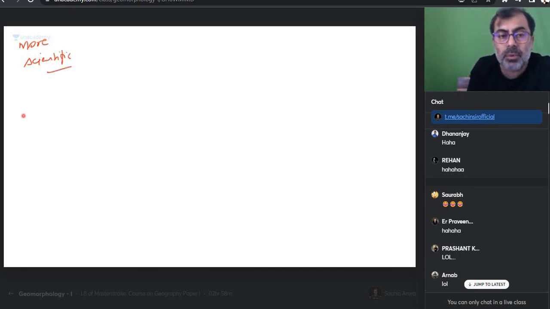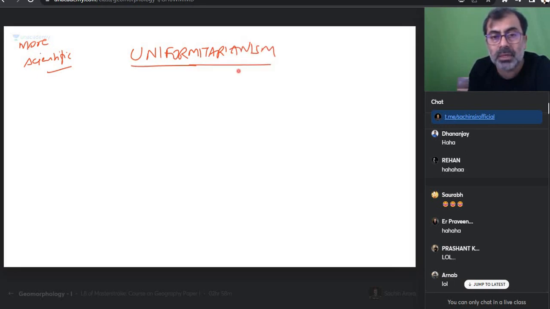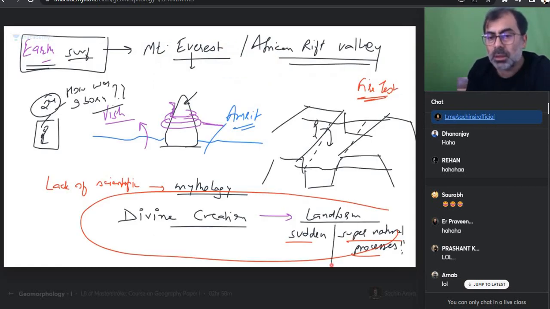And one very, very important concept, which is considered a landmark in understanding, is called uniformitarianism. What is uniformitarianism? This is opposite to catastrophism. So what is catastrophism? Just now I told you, sudden natural events.